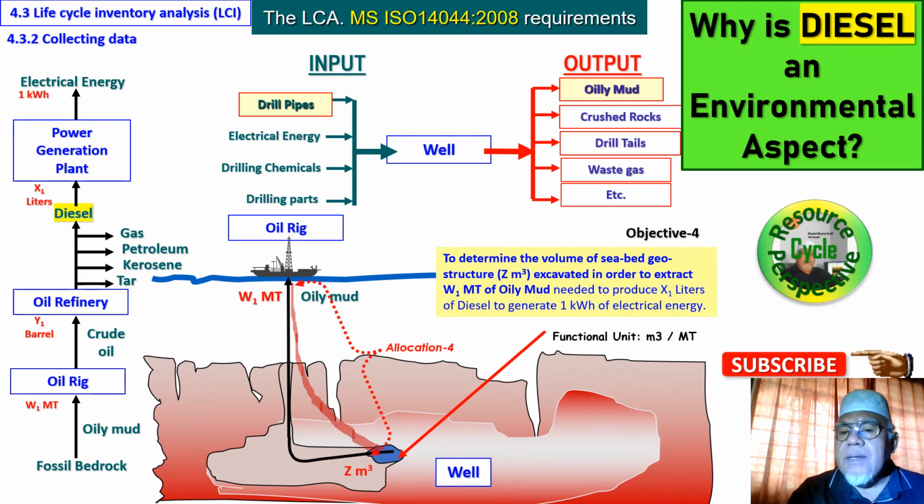When there is more demand than supply, the prices will shoot up. But our concern is the fact that diesel is an environmental aspect, and it is of our common interest in the environmental management system that we are responsible in managing, as a consumer of diesel, the consumption.